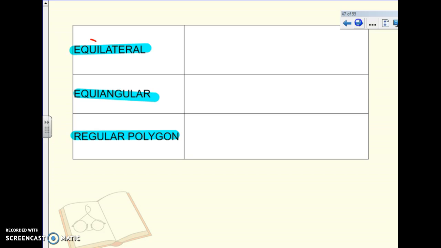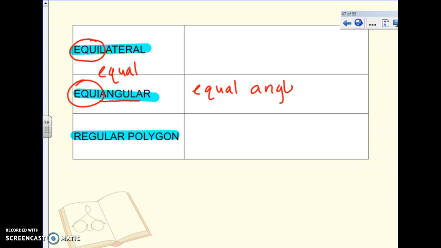Equilateral, so equi on both of these, as you're probably guessing, means equal. The angular one basically means that all the angles are equal. Lateral comes from a word somehow that means side. And so equilateral means equal sides. So all the sides are equal.